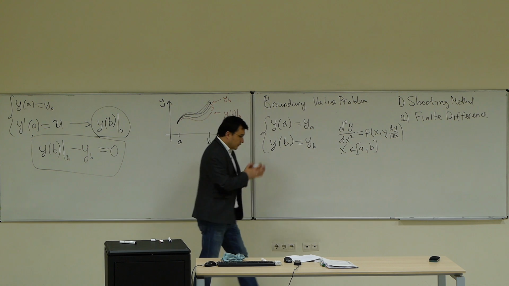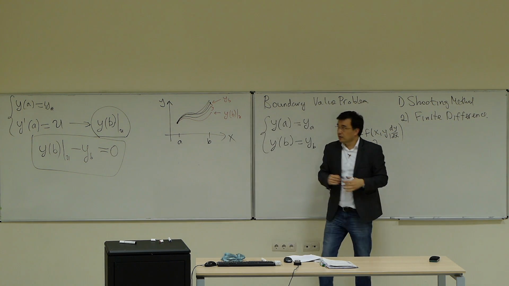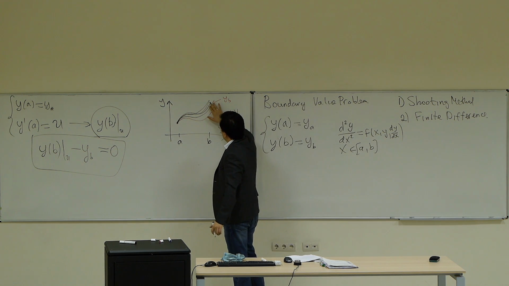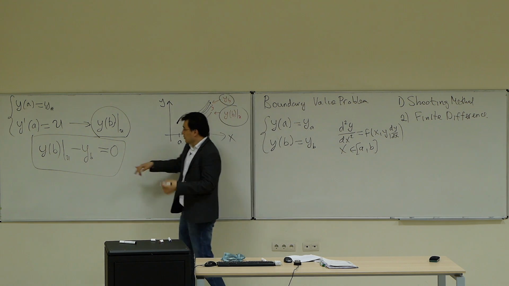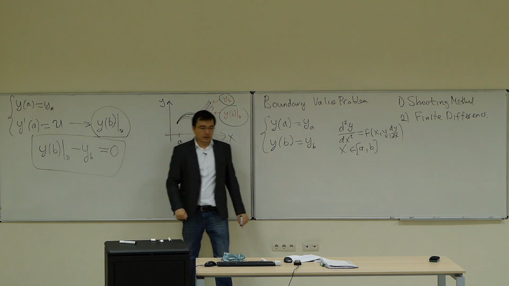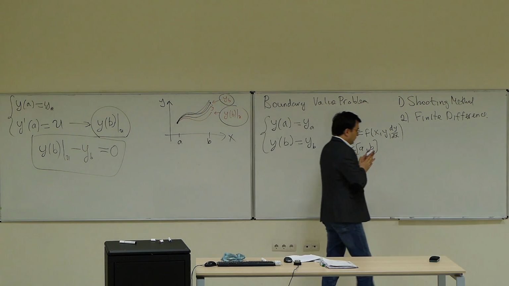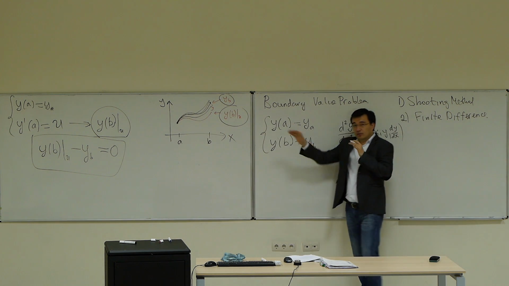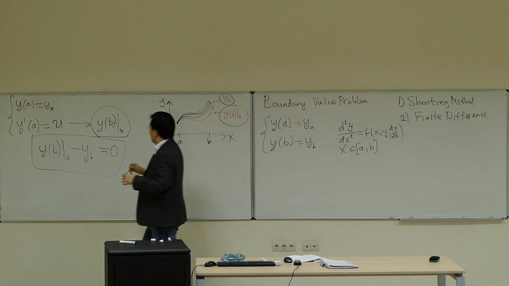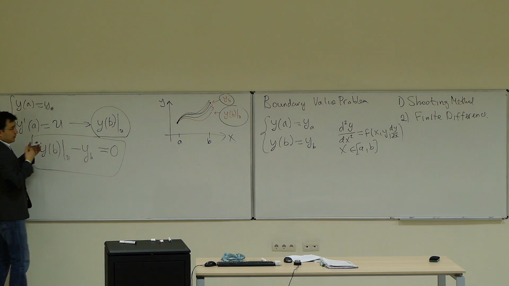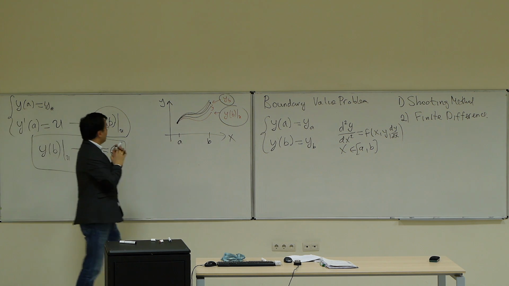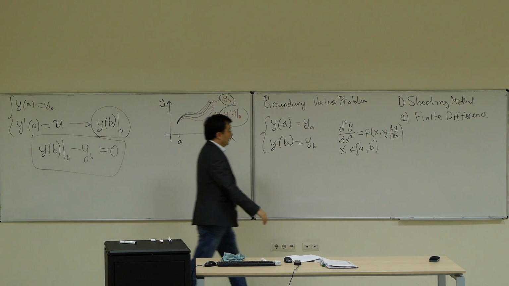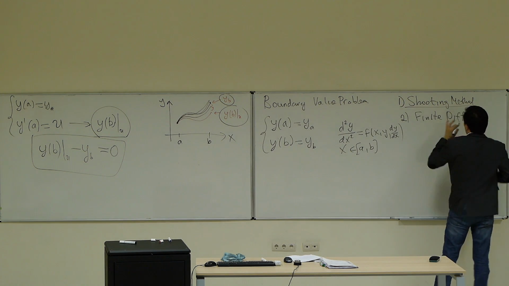I stop root finding iterations when I get sufficiently close to the value of yb, in other words when the difference is 0, using the conditions for stopping iterations which we discussed for root finding, namely when the values of u between subsequent iterations become sufficiently small. So this is the idea of the shooting method, that's how it works.